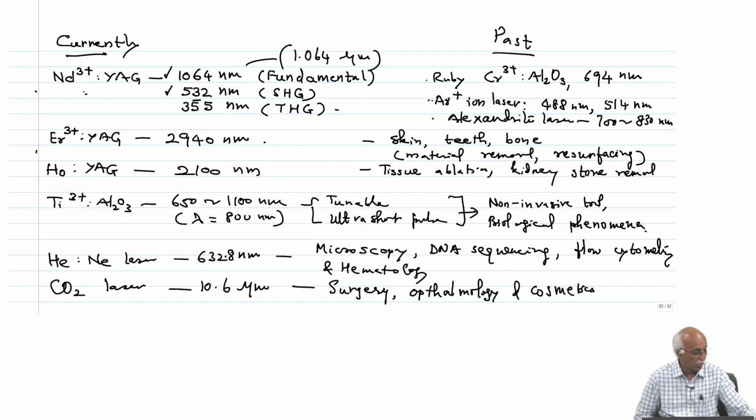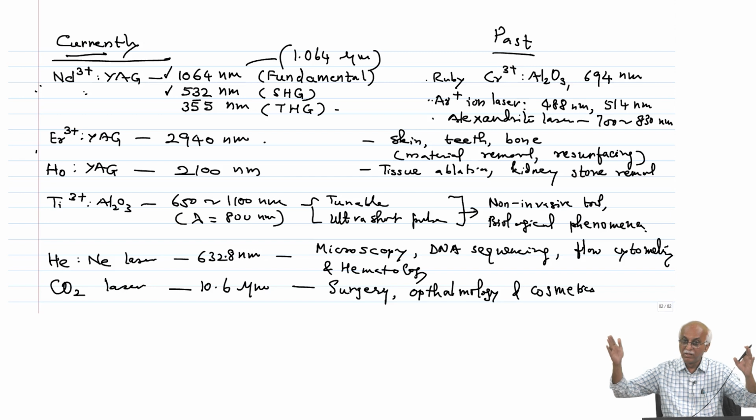So, I hope you got in general what we learned about the currently used optical light sources. There are xenon lamps and tungsten lamps, which have a very broadband spectrum, but the intensity is quite less.